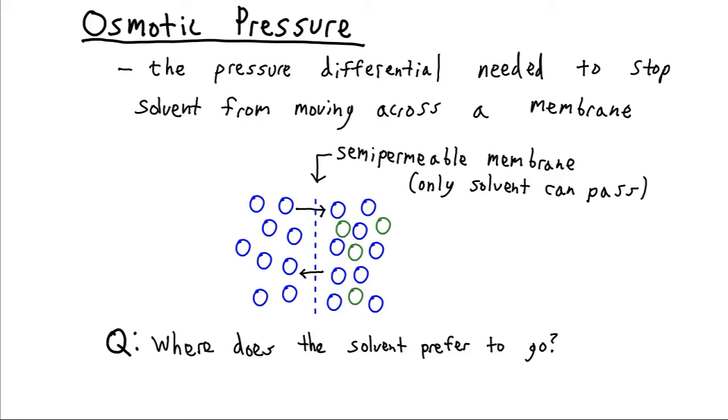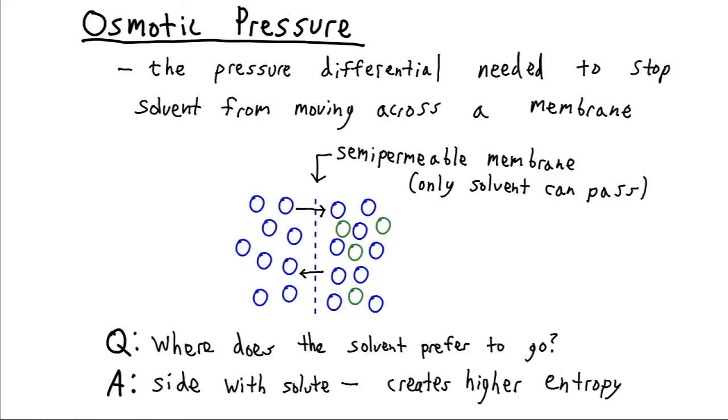I'm going to answer this question in two ways. One way we can answer this question is by thinking of it in terms of entropy. If you're a solvent molecule over here on the left side, and you swap places with any of these other molecules, it doesn't really affect the look of the system. So that's not very many microstates.